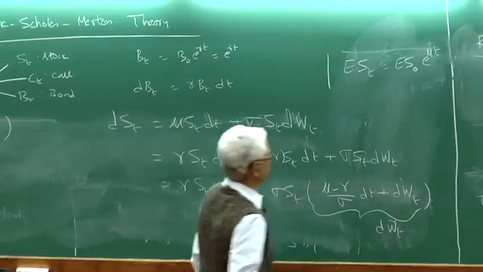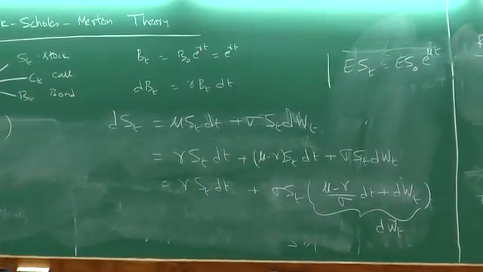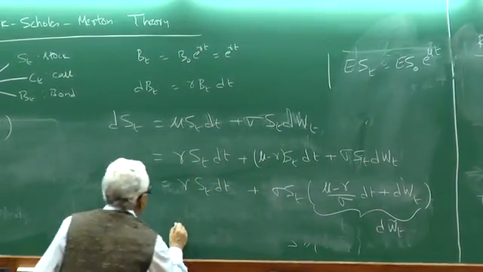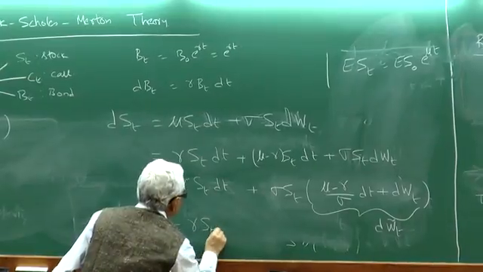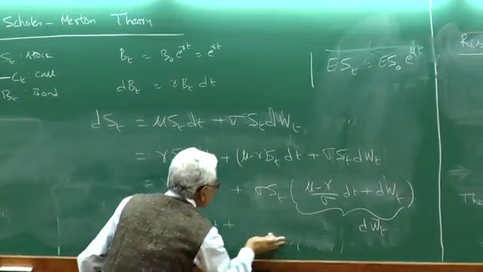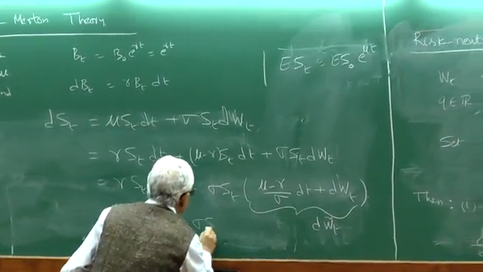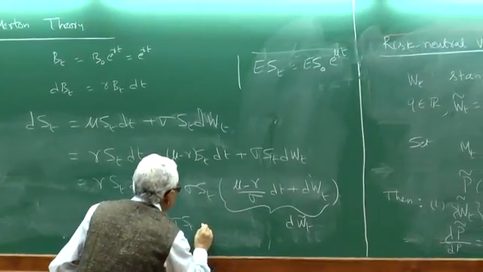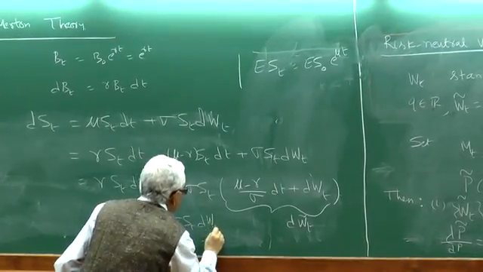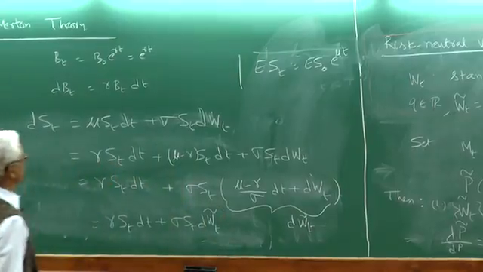I call this guy dW_t tilde, right? So dS_t is equal to r S_t dt plus sigma S_t dW_t tilde.